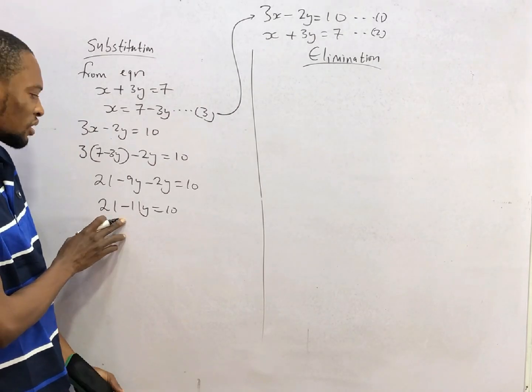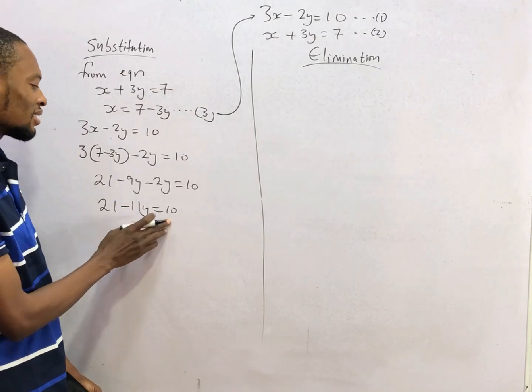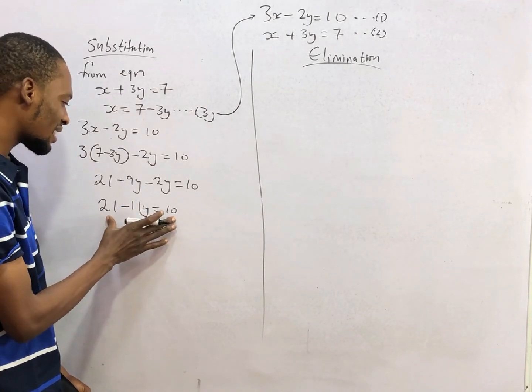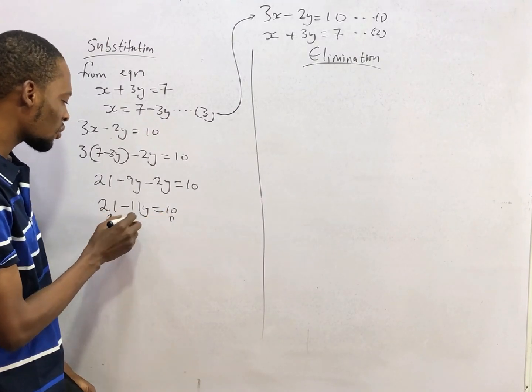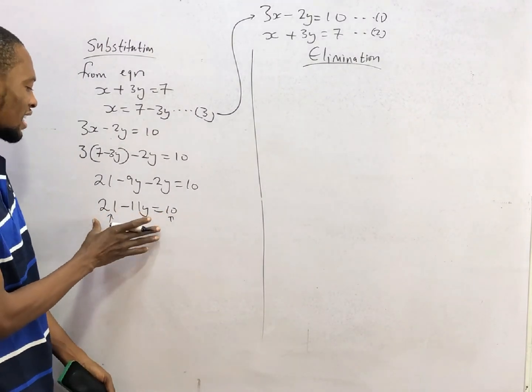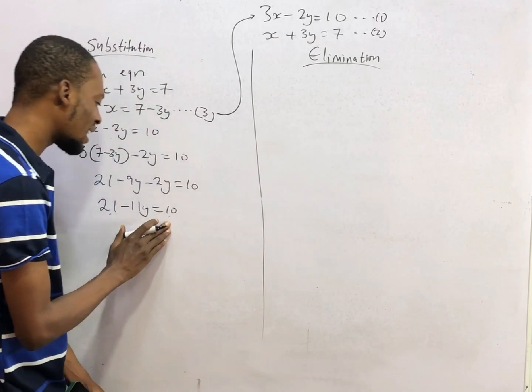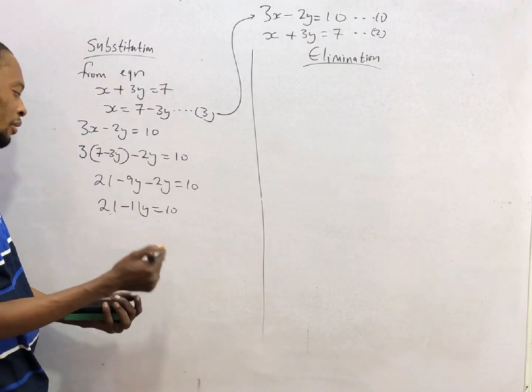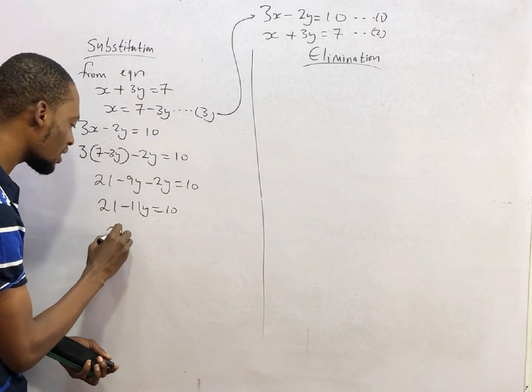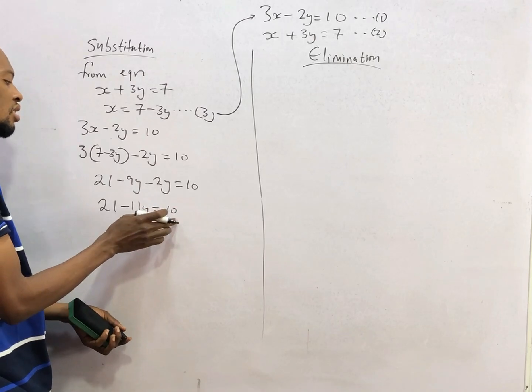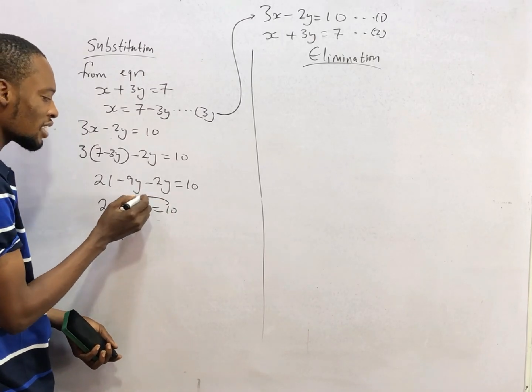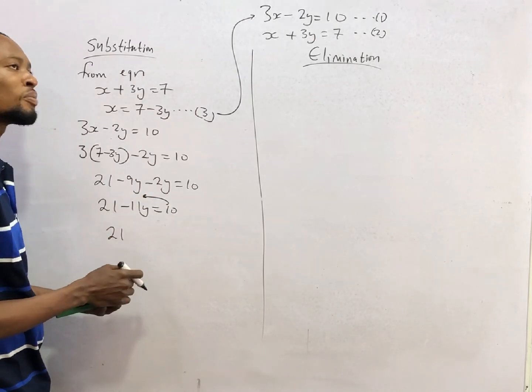The next thing we should do here is collect like terms. This is a single number 21, but this one has y. This is 10, no y. So this and this are alike, while this one is different. So let's bring the ones that are alike together and the different one to the other side. Then 21 is already here. Here is 10. If 10 comes here, crosses the equality sign, it becomes minus 10.